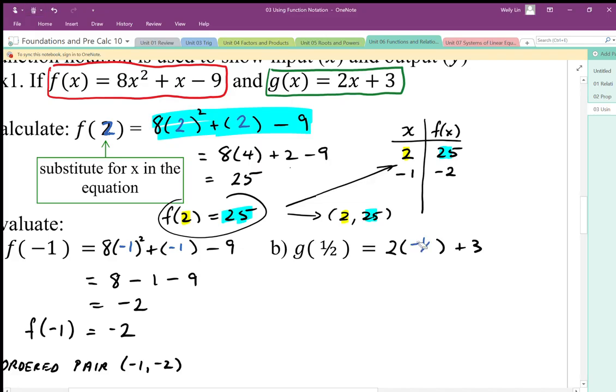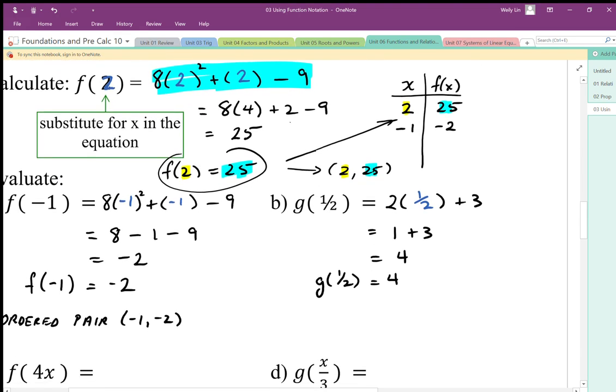That's not negative 1/2, that's positive 1/2. When I do this calculation, I end up with 2 times 1/2 plus 3, which is equal to 4. So that means g of 1/2 is equal to 4. That gives me an x and a y in a table of values as an ordered pair.